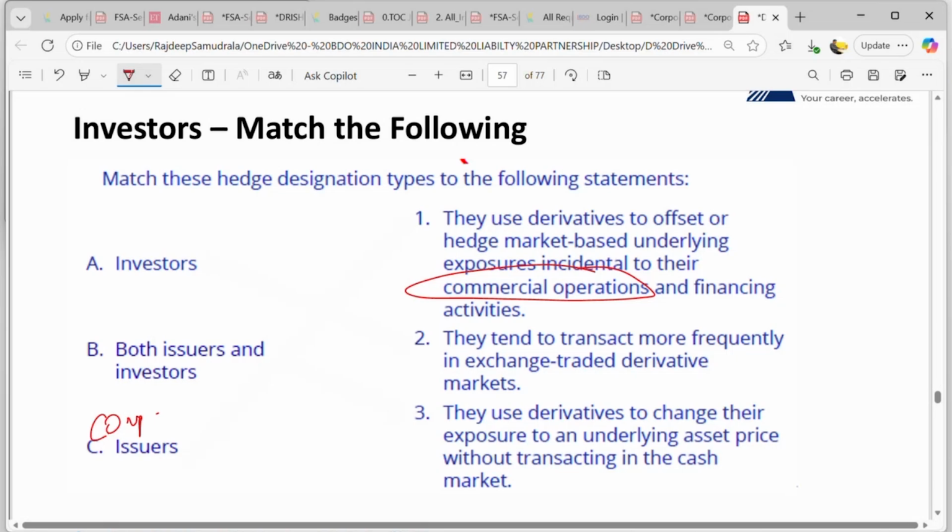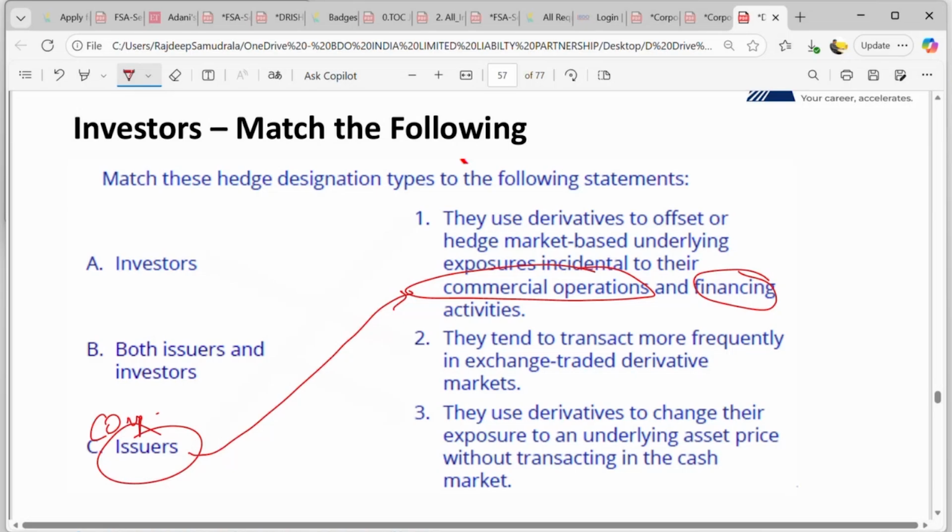Yeah, makes sense. So issuers, because I've highlighted the words commercial operations, financing activities, these are not for investors. Investors are not doing commercial activities, right? It is issuers. So the word commercial operations and all the exposures and risks pertaining to their commercial operations are taken care of by issuers, right? Good attempt.